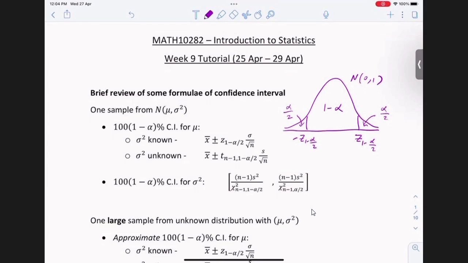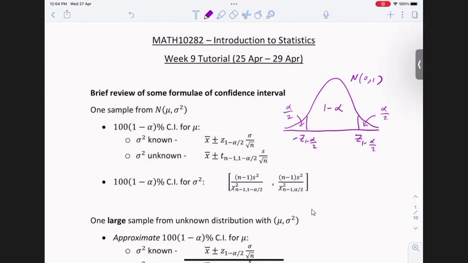And in the student t distribution table, besides the area 1 minus alpha over 2, we also need to provide the so-called degrees of freedom. This degrees of freedom takes the value of n minus 1, where n is the sample size. And it can be obtained by using the student t distribution table or by using R. I will show you how we can do it by using R.